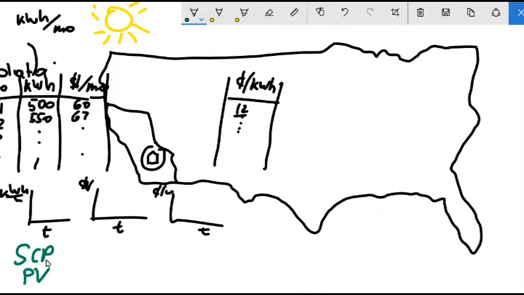The solar concentrated power is basically a way to harvest thermal energy from the sun with mirrors and lenses, and then transfer that energy over to something that stores the energy. These days it's often salts, and you convert it later on to electricity. And photovoltaic uses semiconductors to create power directly.